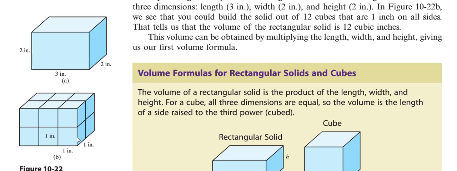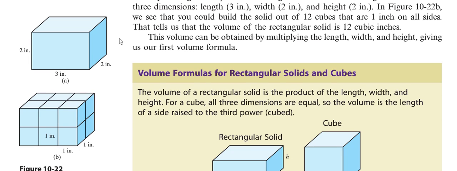But the main thing is unit. Unit means one. So a unit cube is 1 inch on all sides. So you're trying to figure out how many of those unit cubes would fit into the rectangular solid. And if we had a lot of little unit cubes, we could just see how many would fit in there.